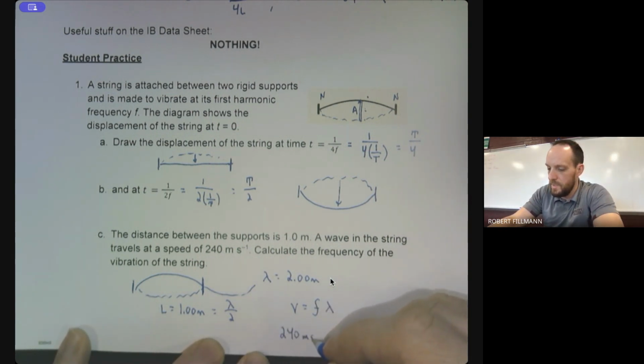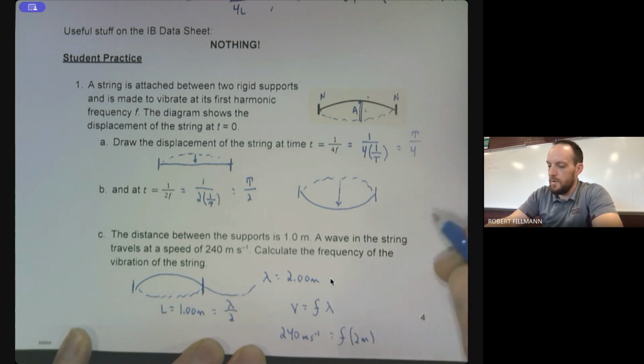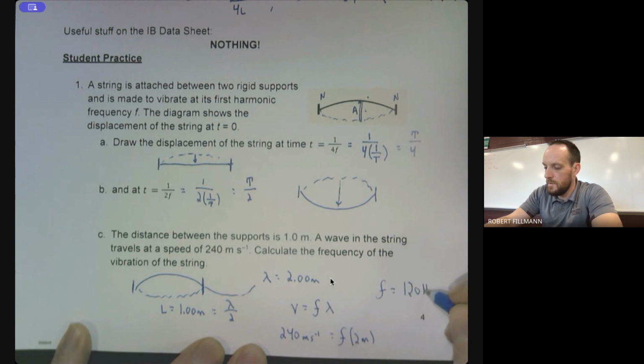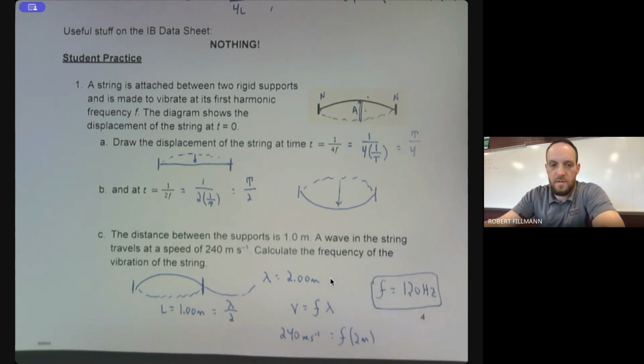So 240 meters per second equals f times 2 meters. 240 divided by 2 gives me a frequency of 120 hertz. It's kind of a low-pitched sound, but that's the fundamental frequency, the main note that string will make if it's plucked or strummed.